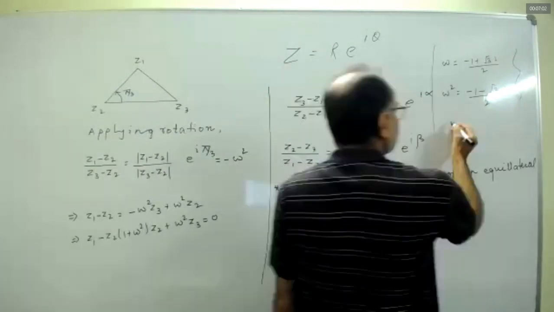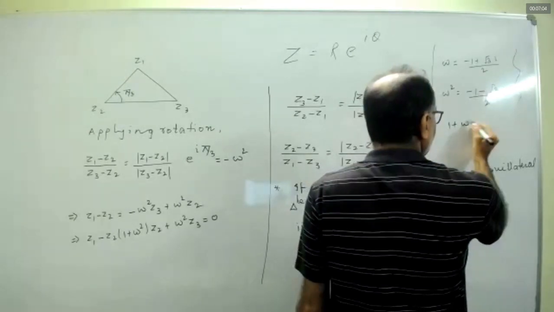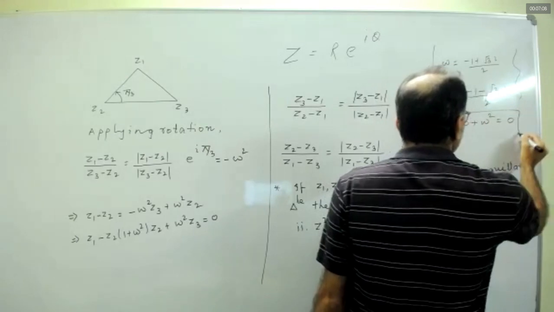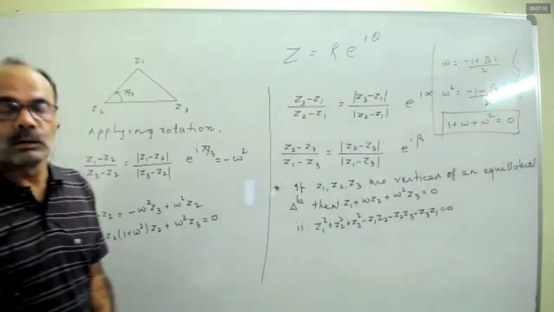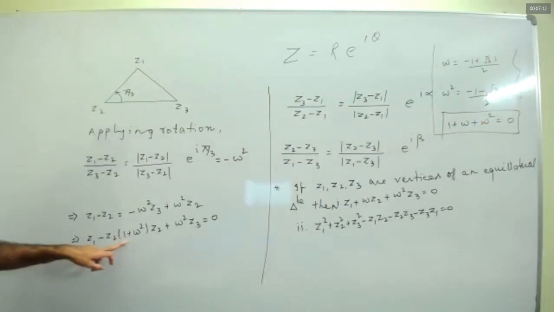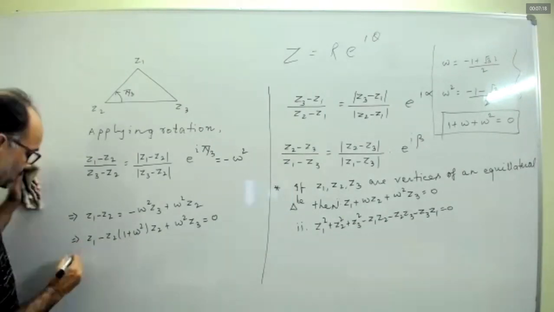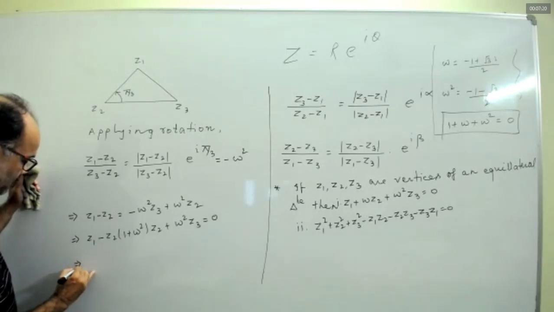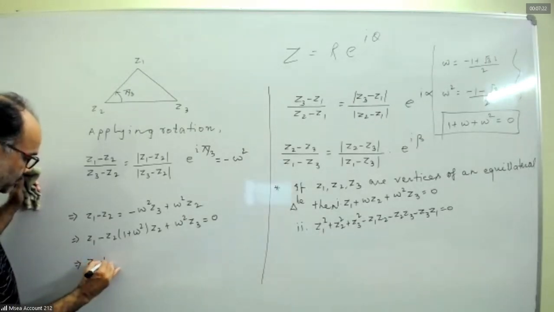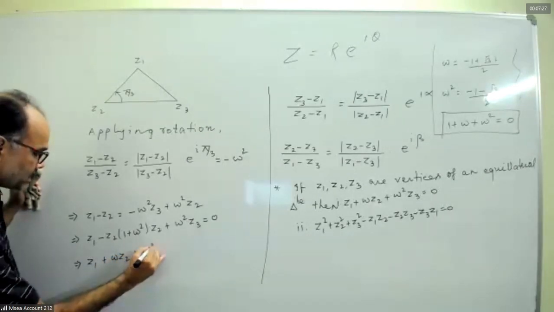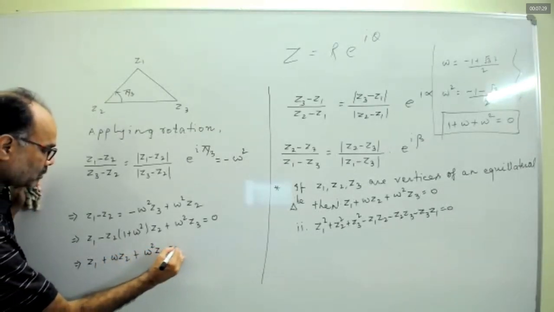Now, one more result about the cube root of unity we have done: 1 plus omega square is how much? 1 plus omega square will be minus omega. From here, Z1 plus omega Z2 plus omega square Z3 equal to 0.